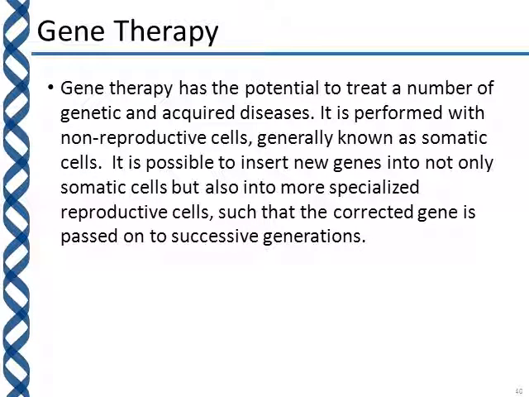It is performed with non-reproductive cells, generally known as somatic cells. It is possible to insert new genes into not only somatic cells, but also into more specialized reproductive cells, such that the corrected gene is passed on to successive generations.